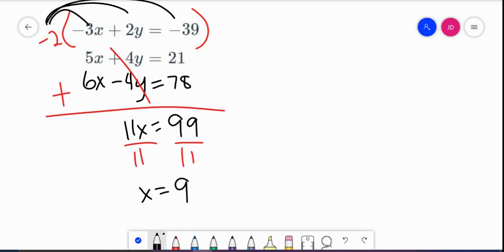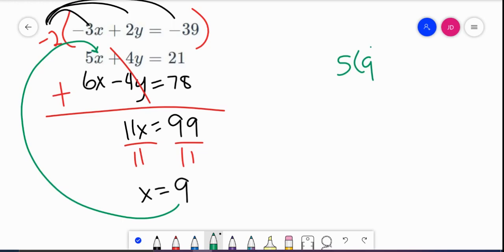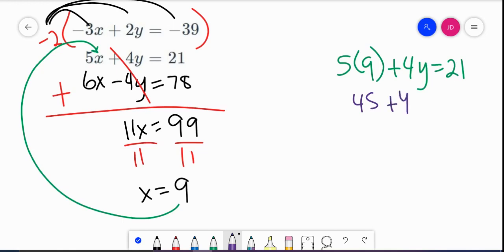All right. Now, careful plugging in this one. Remember, we solved for x, so we're going to plug it back into x of one of these equations. I'm going to do it on the bottom one that has less negative signs. So I have 5 times 9 plus 4 times y equals 21. 5 times 9 is 45 plus 4y.